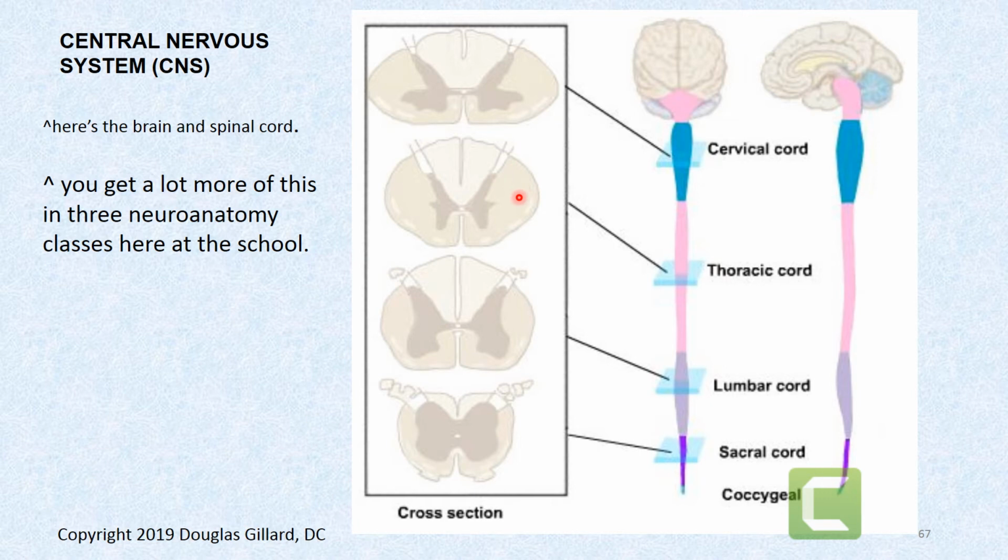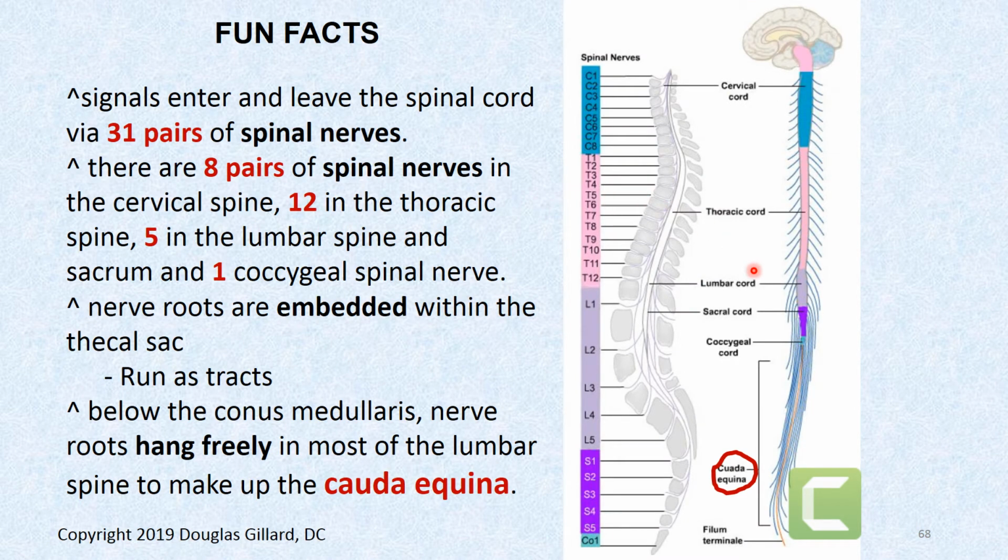A lot of you have probably already studied this, but there are tracts that live in the gray matter, and tracts that live in the white matter out here. A little different below the conus medullaris. So here's the conus right here. See how it's starting to become triangular in shape?